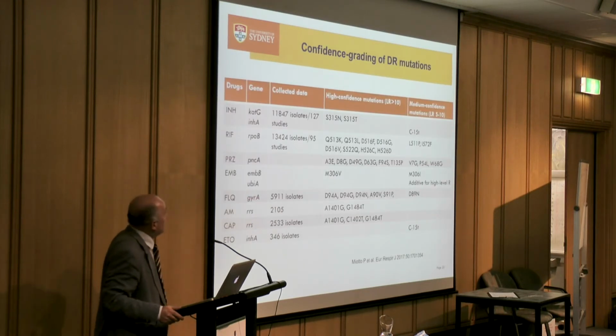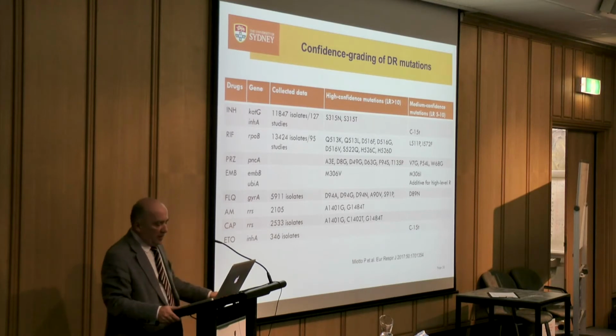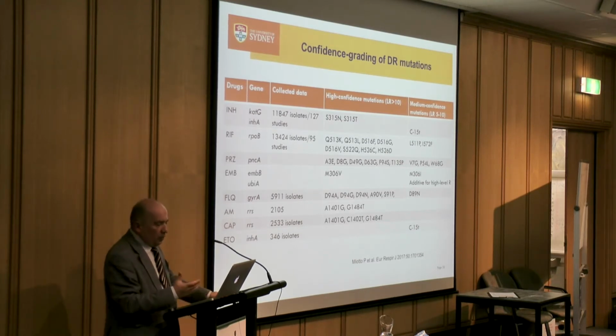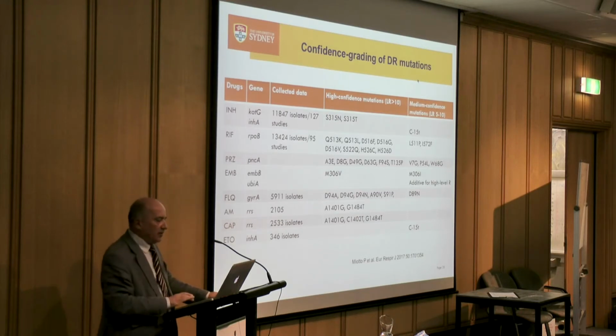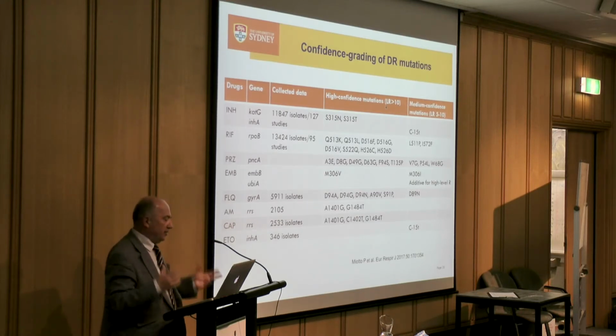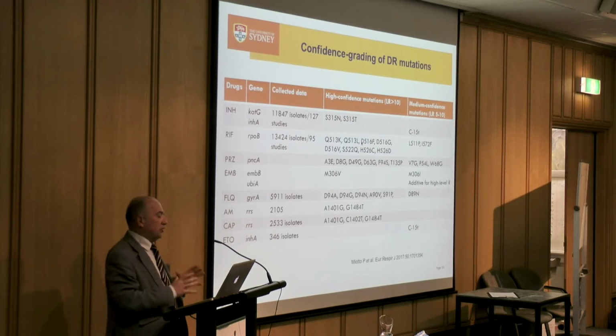alternative regimens. And because our catalogs are becoming more extensive, we can certainly grade confidence in detection of drug resistance, and mutations that are associated with significant increase in MIC with a likelihood ratio of greater than 10 are defined as high confidence mutations. And so we know these mutations in the katG gene and inhA.